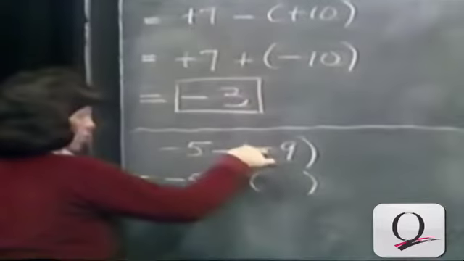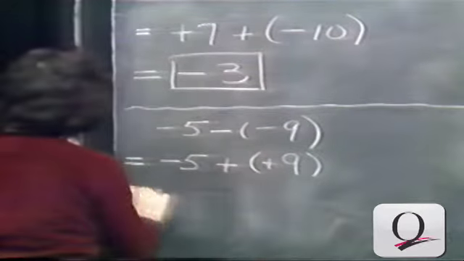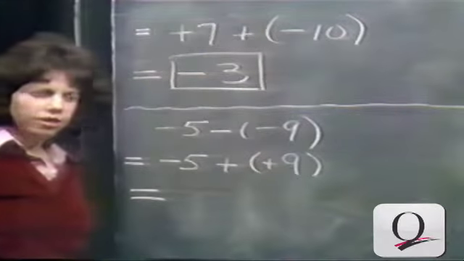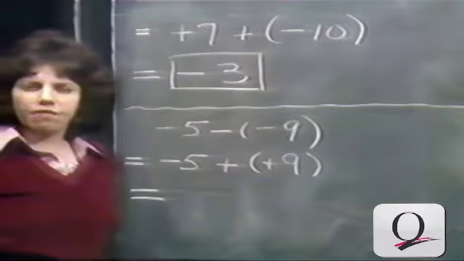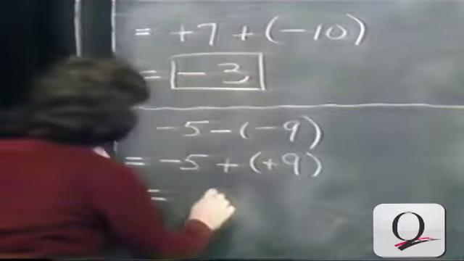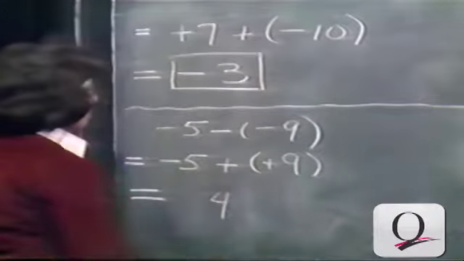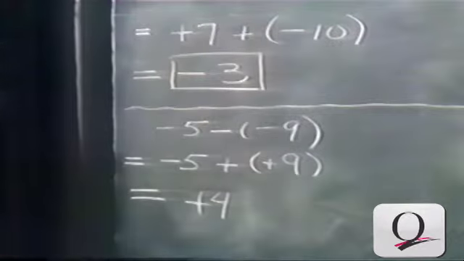The second number gets changed to its opposite. Minus 9 becomes plus 9. Now we'd like to add a minus 5 and a plus 9. Different signs. Block out the signs. We have 5 and 9. 9 take away 5 gives you 4. 9 is the bigger number when you're talking about the numbers without their signs. It has a plus sign, so the answer is plus 4.